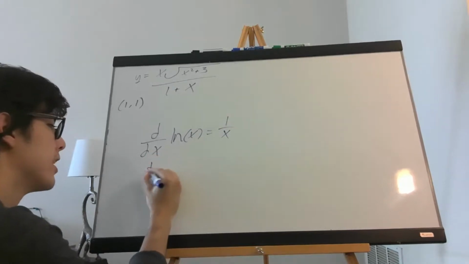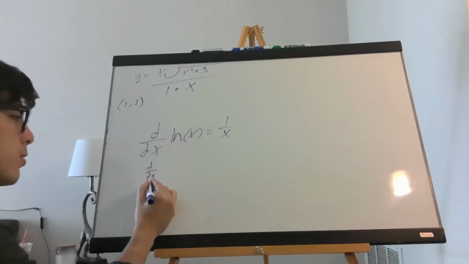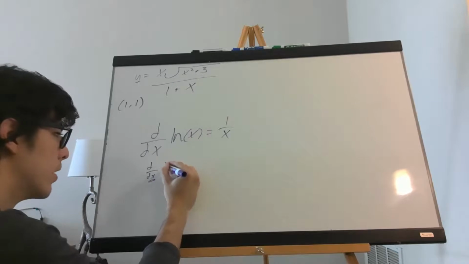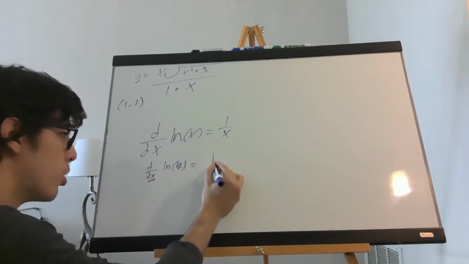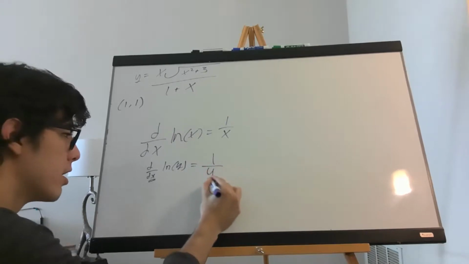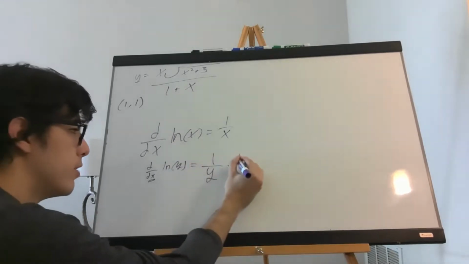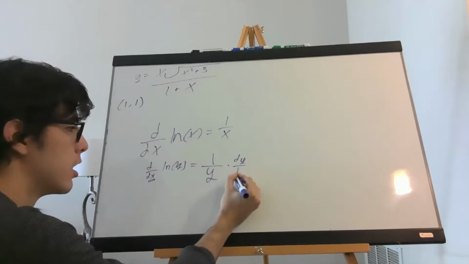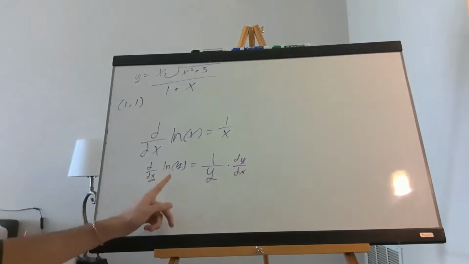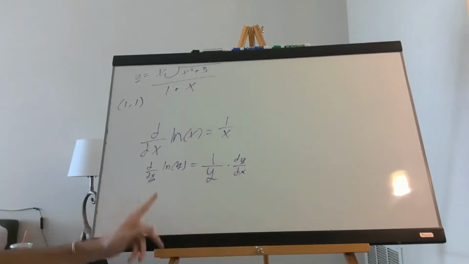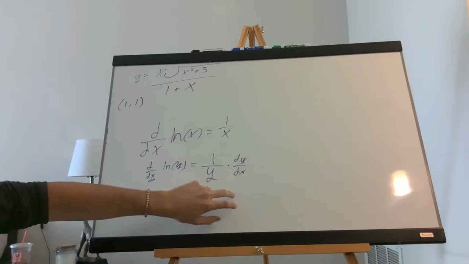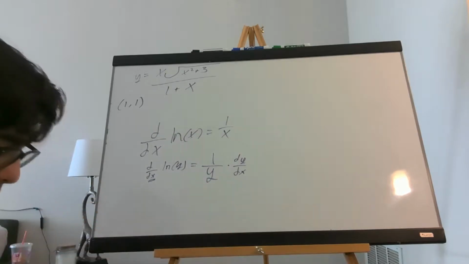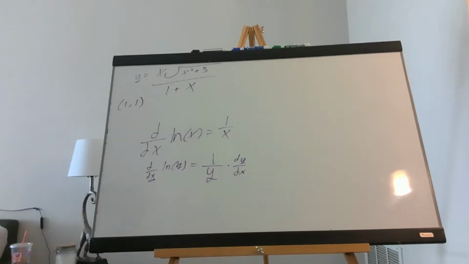But if we take the derivative with respect to x for ln of y, then that's going to be chain rule. So it's going to be 1 over y times the derivative of y. We have to take the derivative of the outside and multiply it by the derivative of the inside. It's the same concept as regular derivatives, but you have to put a dy/dx whenever you do anything with a y in it. Good question.